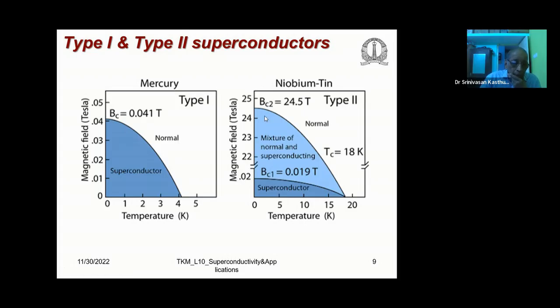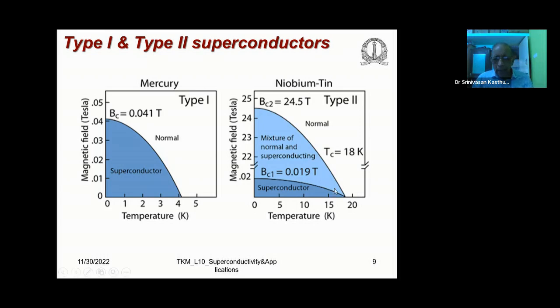So please note that the superconductivity exists at lower temperatures and at these magnetic field values, right? Okay. Now, this particular temperature where there is a zero magnetic field is the TC of the system. What about, for example, a type 2 superconductor, niobium tin? In this case, you have a transition temperature as before, maybe TC is about 18 Kelvin.